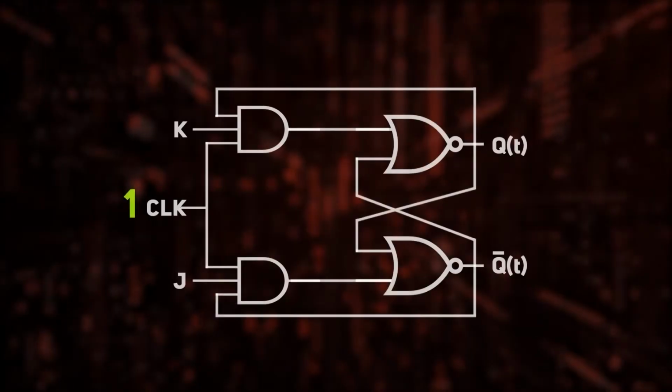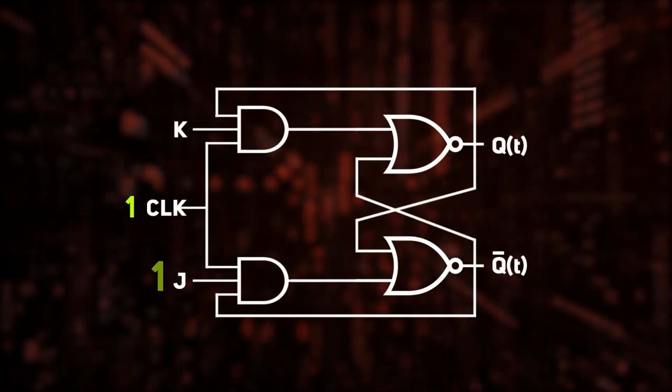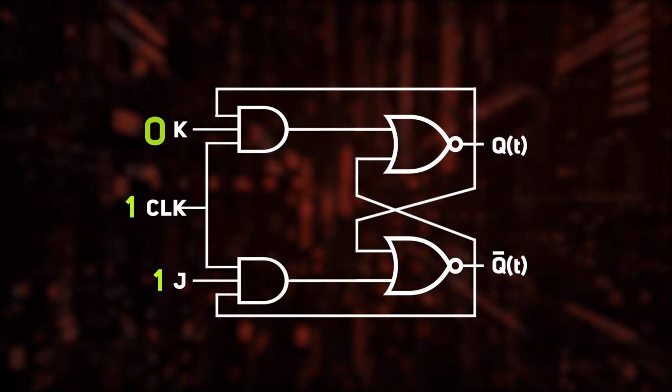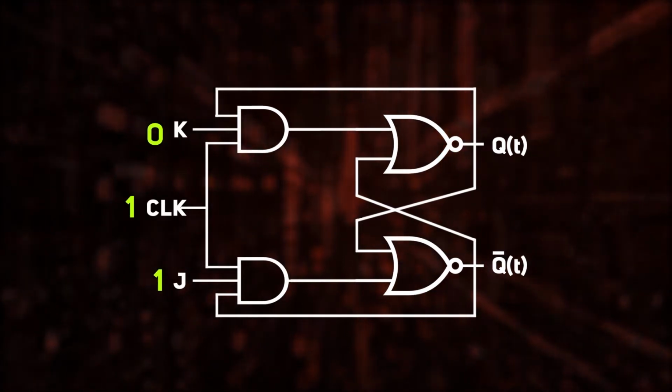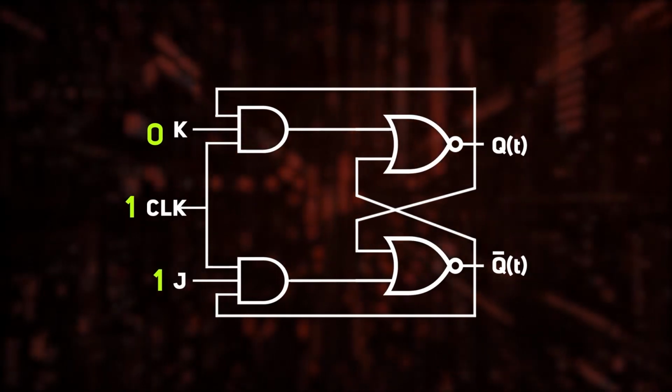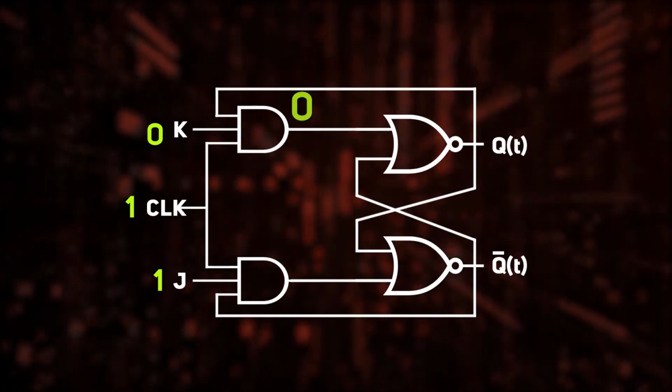Let us assume that clock is equal to 1 and analyze how the JK flip-flop behaves for different combinations of input values. Consider the first case, J equal to 1 and K equal to 0. Since K equal to 0, the input gate connected to the K will have 0 as its output.